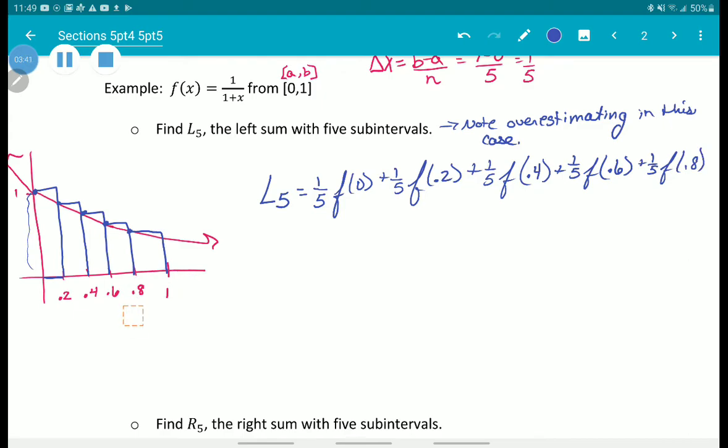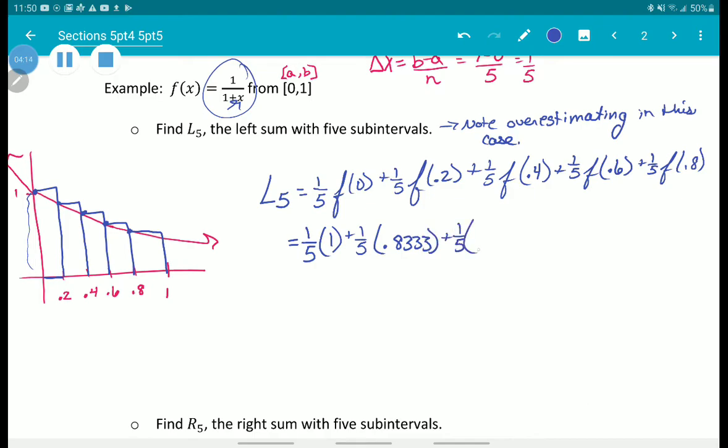So we need to find what is f of 0, what is f of 0.2, what is f of 0.4. And I always try to use 4 decimal places. I think that's a good place to start to get a good estimate there. So if I plug 0 into this function, and remember it's going in for the x, I'm going to get 1. If I plug in 0.2, I got 0.8333.